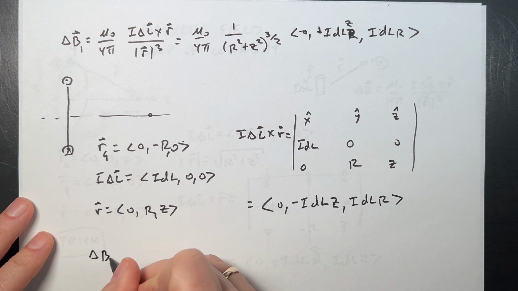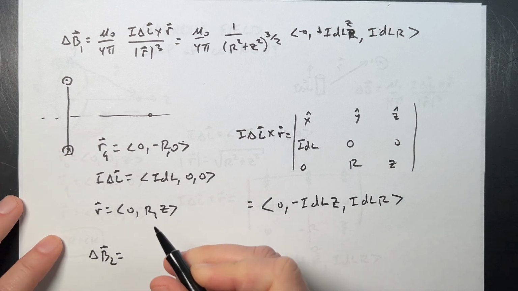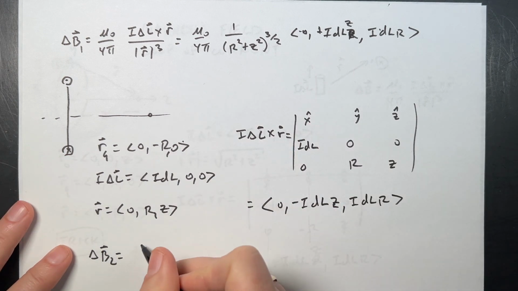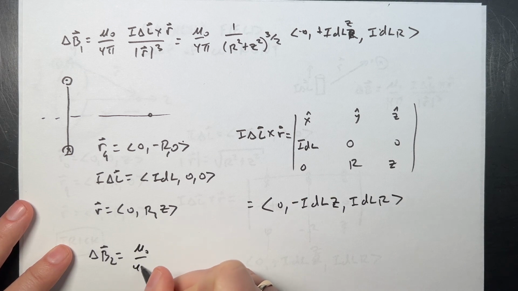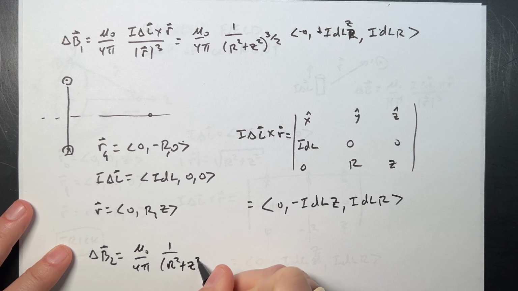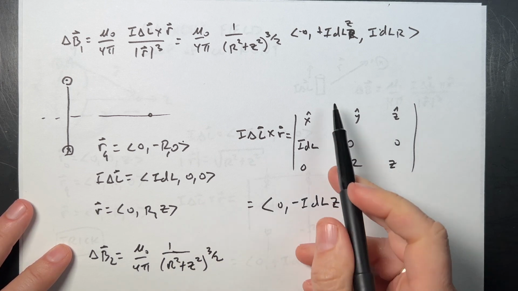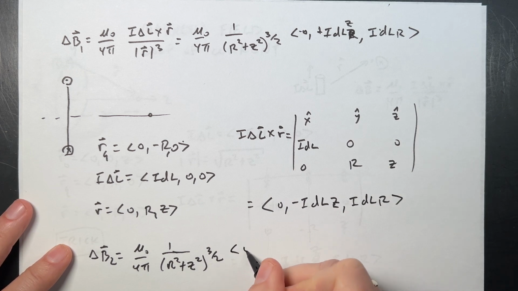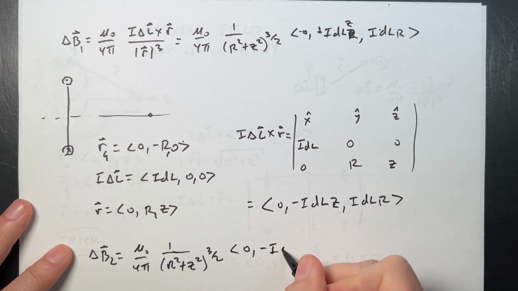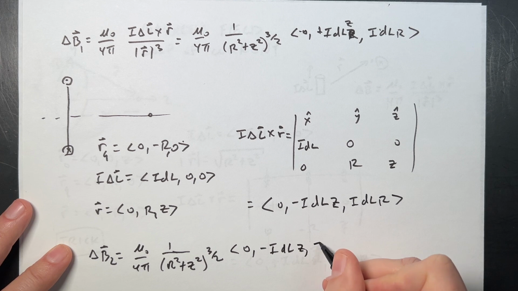Delta B2 on the bottom is going to be equal to the exact same thing except for mu naught over 4 pi, 1 over r squared plus z squared to the 3/2. That's the same, right? Because the magnitude is the same. But then my vector here is 0, minus I dlz, I dlr.